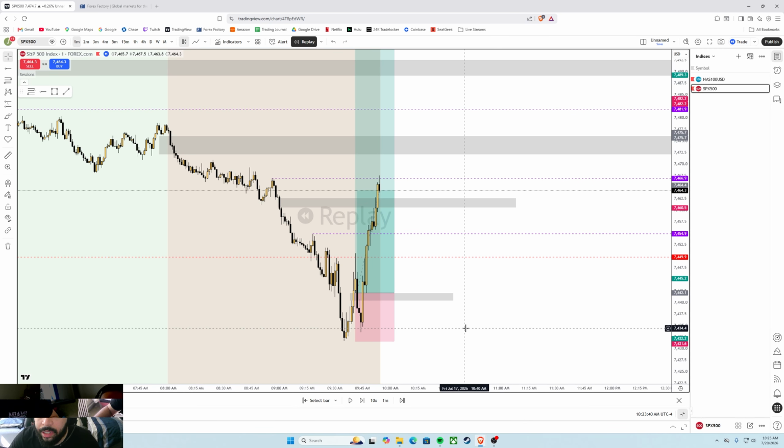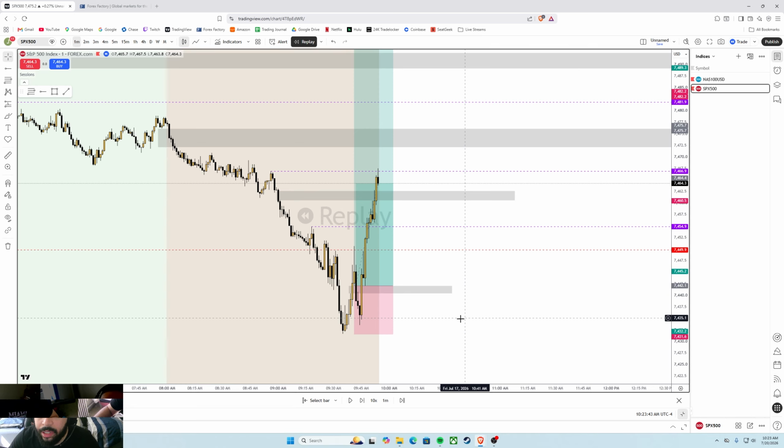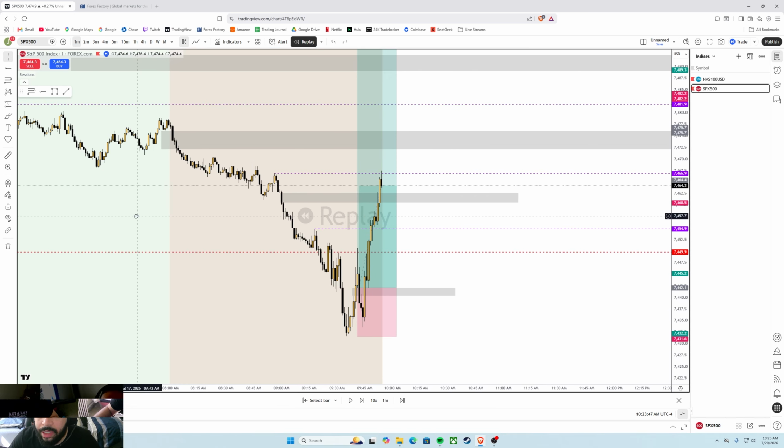So even if price reverses against us and we lose the rest of the 50% of the position, we'll still walk away in profit. And the reason why our stop loss is still open is because price has a tendency to return to this fair value gap and we don't want to get stopped out prematurely, potentially before an actual aggressive move up. So we just leave it open, right?